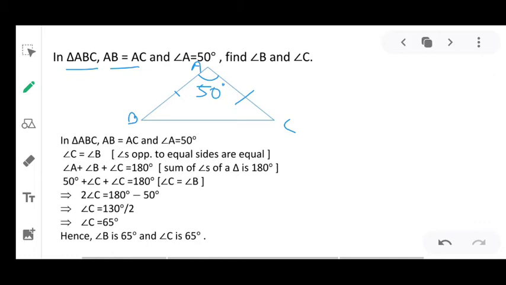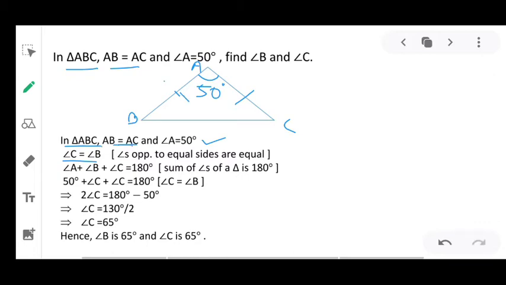Okay, so first write down what is given. In triangle ABC, AB equals to AC and angle A equals to 50 degrees. Clear? Now we can write angle C equals to angle B, because the angles opposite to equal sides are always equal.